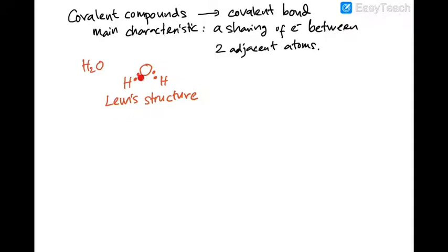And oxygen actually has 6 electrons. So we have one here, 2 there. We have to draw another 4. I will not go into detail for now for Lewis structure, but later we will discuss it in depth. But for now it's like this. And you can also draw this into this structure.